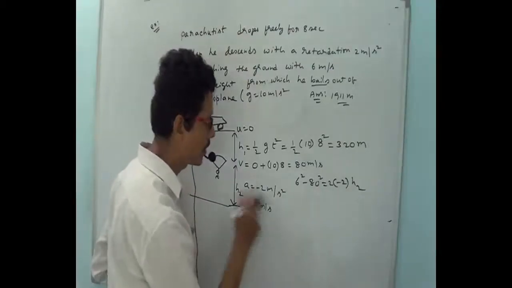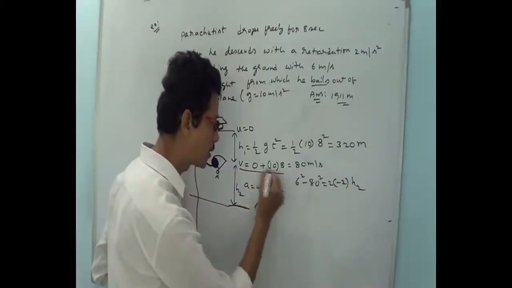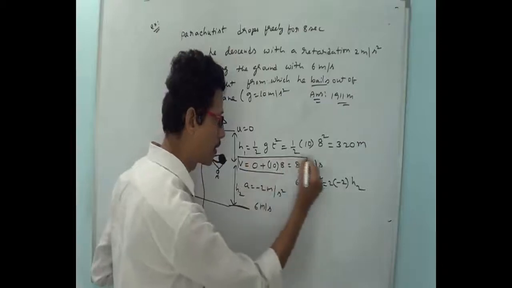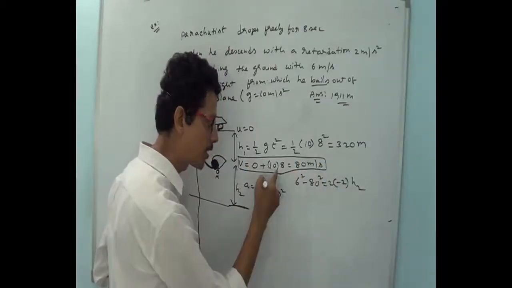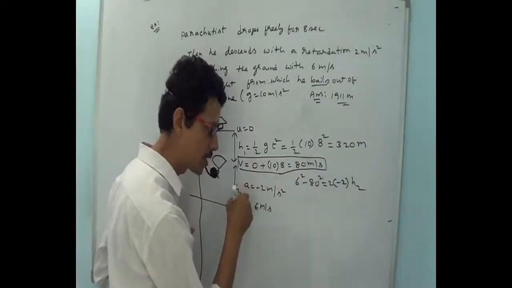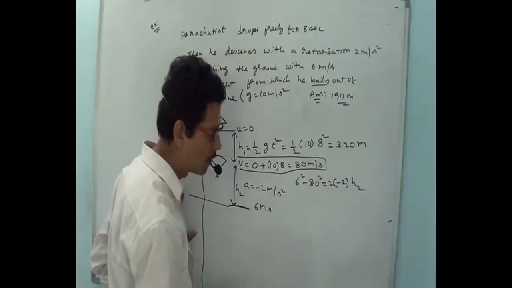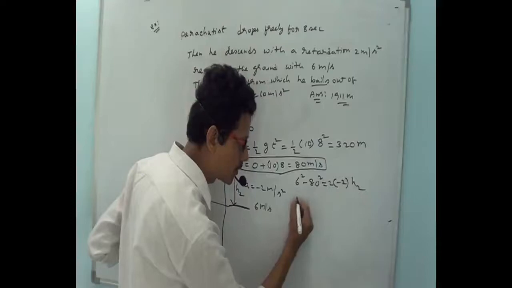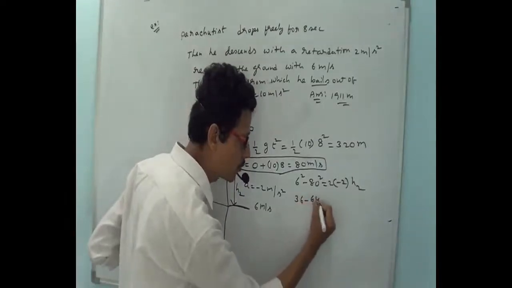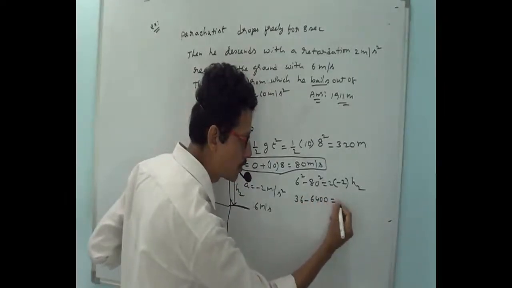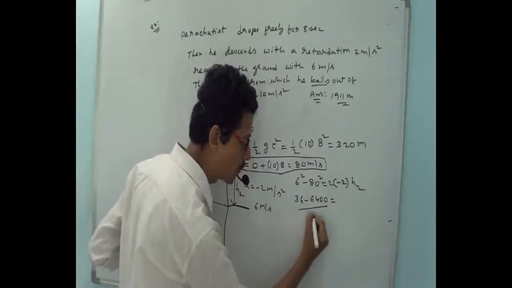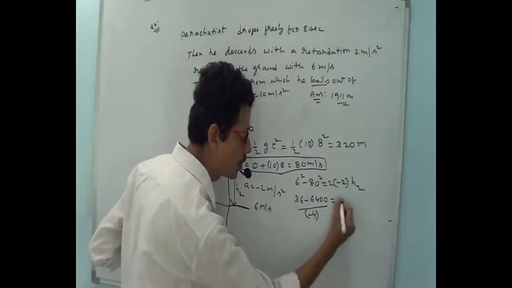First I have to find the initial speed of the second journey. Final speed of the first journey is nothing but initial speed of the second journey. Okay, what is this? 6 square 36 minus 6400 divided by minus 4 is equal to h2.